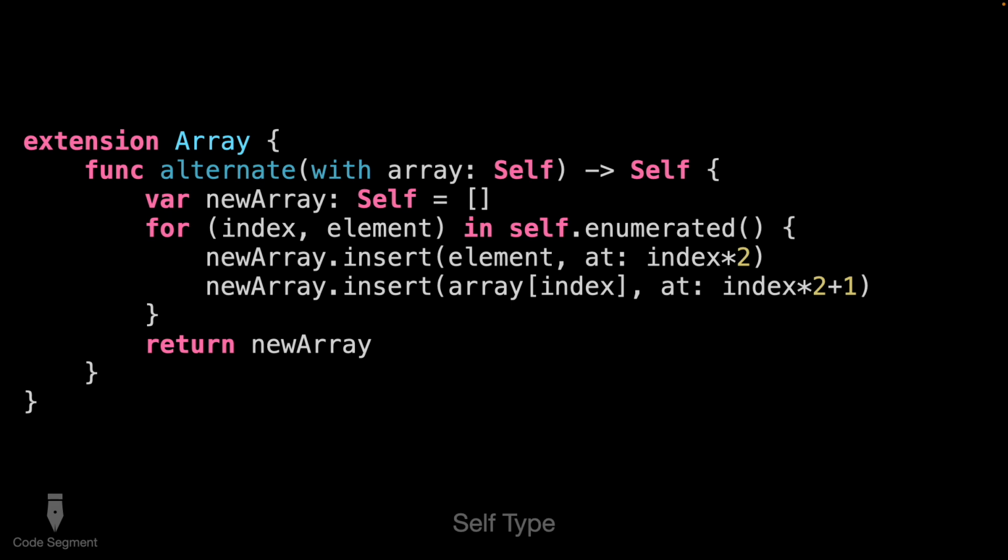function, right? And basically we're saying, yeah, okay, so we want this function to take in an array of elements and return an array of elements. And we want it to be the same type as whatever the instance that's calling this function is. So you have, say, an array of strings, and you call .alternate, then this function will expect to receive an array of strings, and it will give back an array of strings.